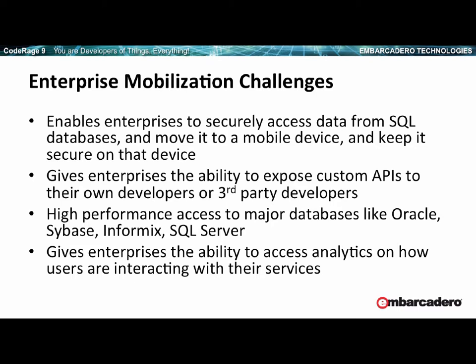The first is that enterprises need to securely access data from back-end databases kept behind their firewall that they manage, that has their intellectual property living in it. They need to be able to securely move that to a mobile device and keep that information secure on that device. So security was pretty important, but so was getting this data from behind their firewall.